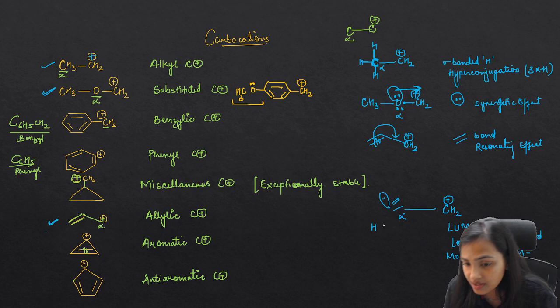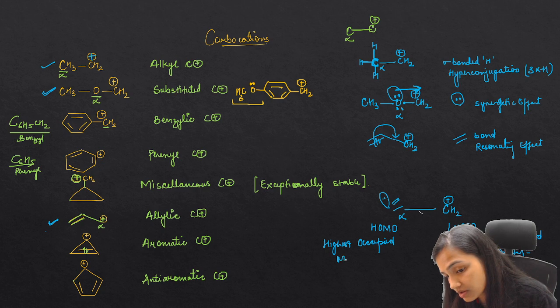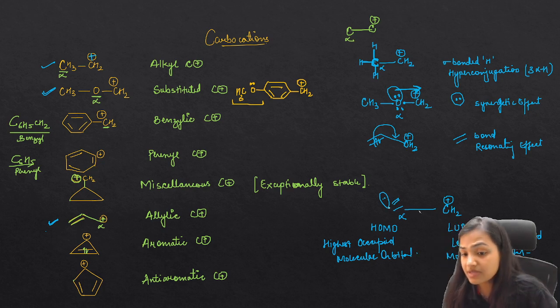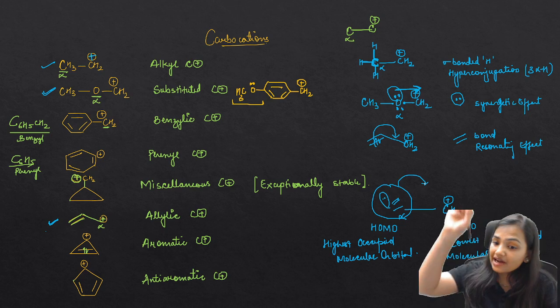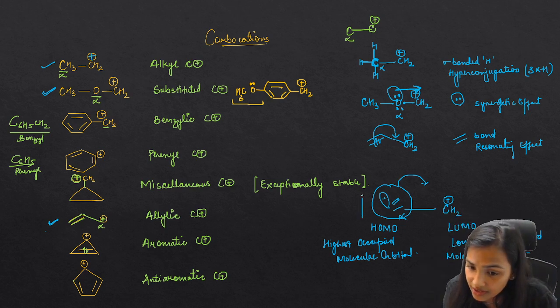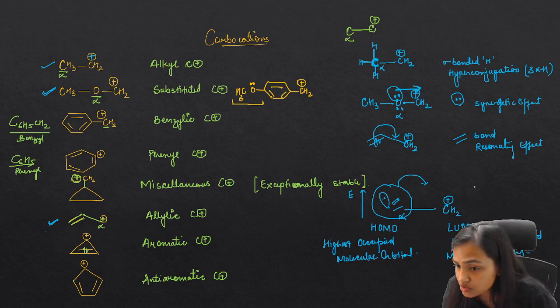That is HOMO. So what do we mean by HOMO? HOMO means the highest occupied molecular orbital. Highest occupied molecular orbital means that any species which is giving its electron pair has to be high in energy. Its energy has to be higher. And the species which is taking the electron, its energy has to be lower.